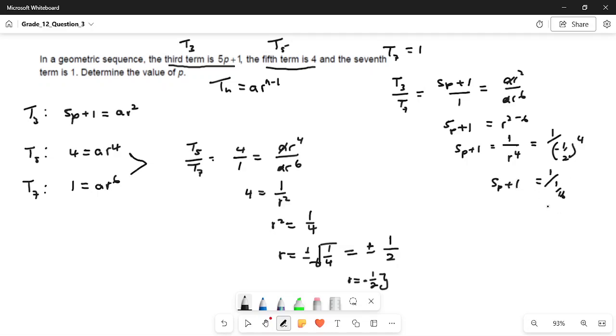So this is just the same as the numerator times the denominator, so we'll have the value 16. So 5p plus 1 equals 16. Now I can solve for my p. I'll have 5p is equal to 16 minus 1, which will be 15. So divide everything by 5. So I have p is equal to a positive 3.